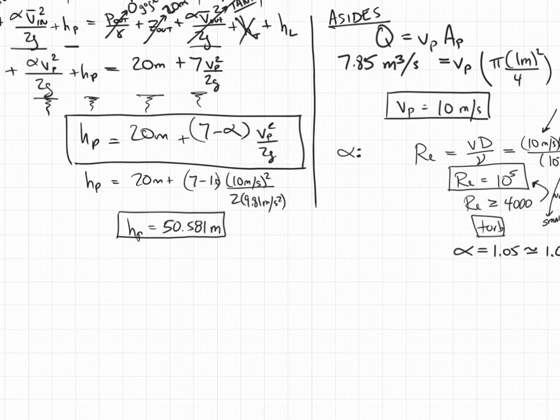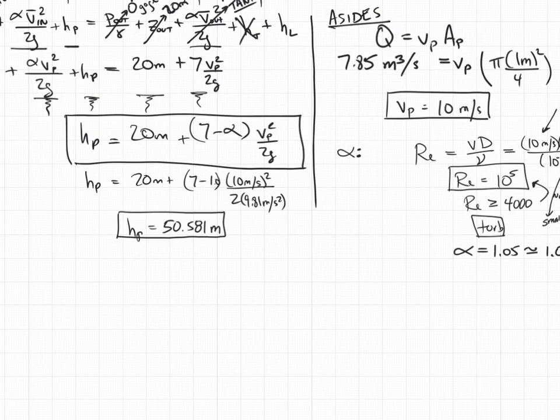Basically what this means is, if there were no friction in this system, well, actually even if there were friction, the pump could raise the fluid 50.581 meters if the fluid is absolutely static, such that it's pushing back on the pump and there's no movement. Then this is how high it could maintain a lake above it, where there was no movement.